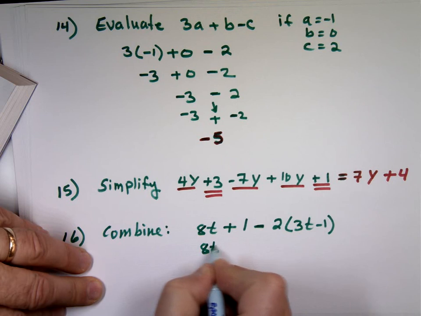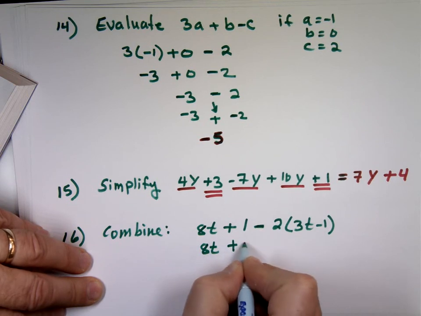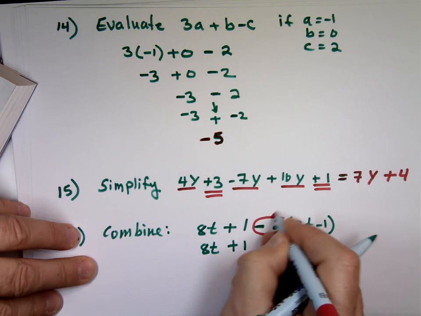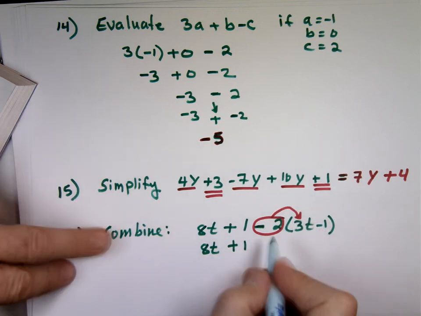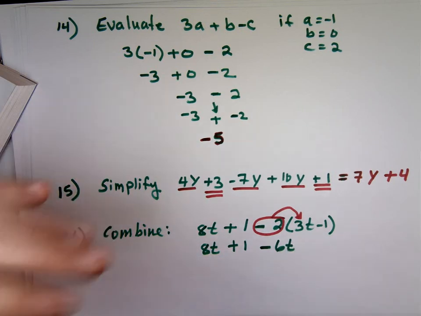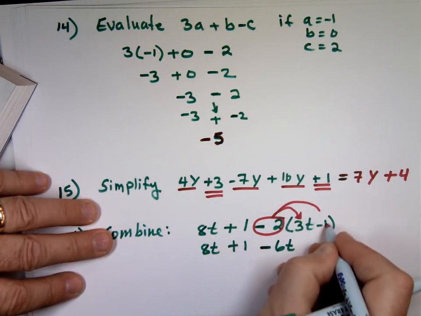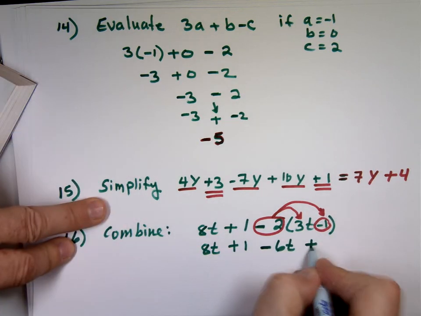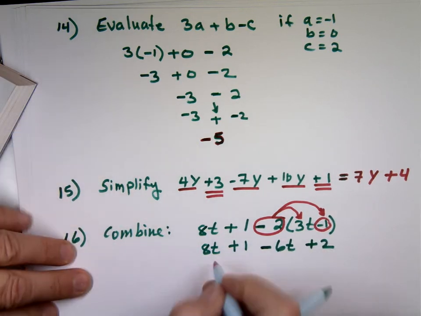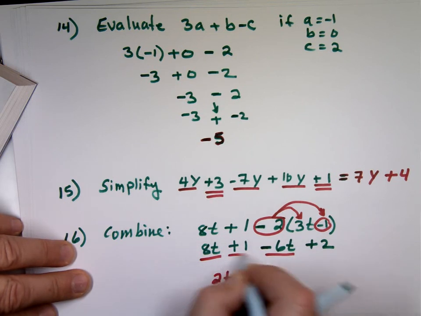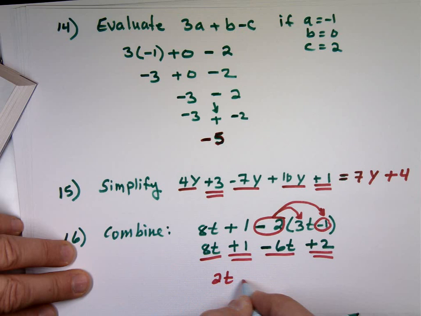Eight t plus 1. Let's take the minus 2 now and distribute that. What's minus 2 times 3? Negative 6t. And negative 2 times a negative 1. Positive 2. Now like terms. 2t. Like term is what? Plus 3.